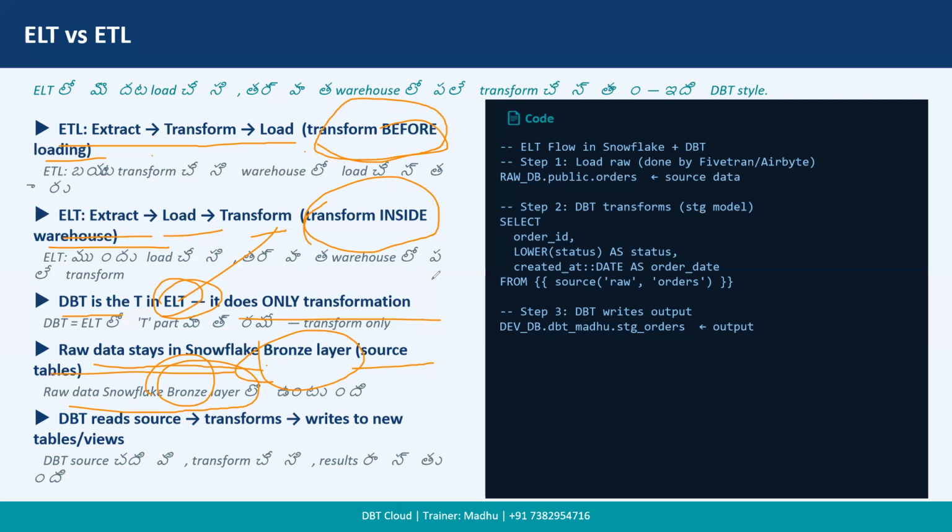It reads from your bronze raw tables, then transforms and writes results back to silver or gold tables. DBT does not move the data, it only transforms.